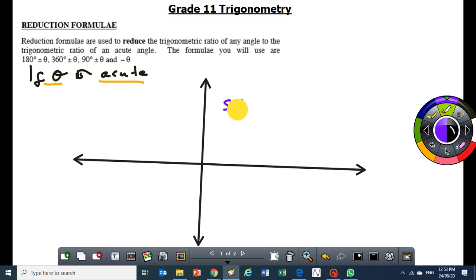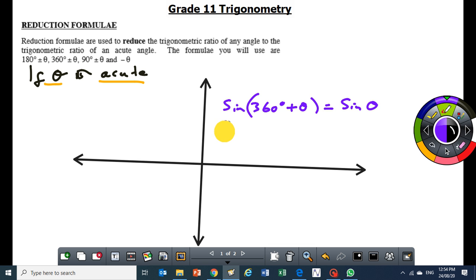If I give you sine 360 degrees plus theta, whatever value of theta, as long as it's acute, you always get sine theta. Sine 360 plus theta is equal to sine theta. Remember, this 360 plus theta is a reflex angle. But if theta is acute, then sine 360 plus theta will give you sine theta.